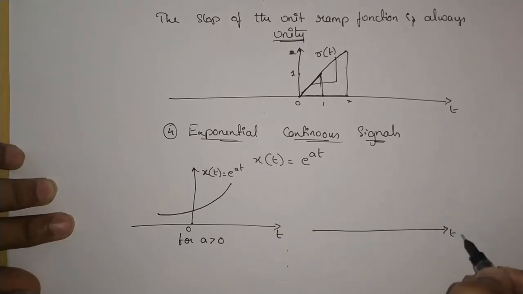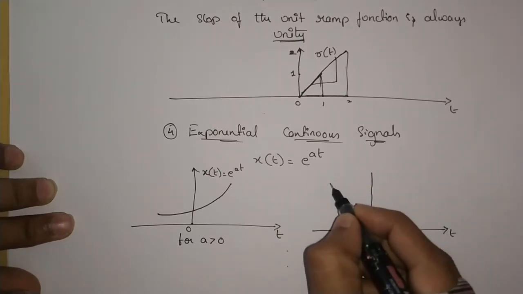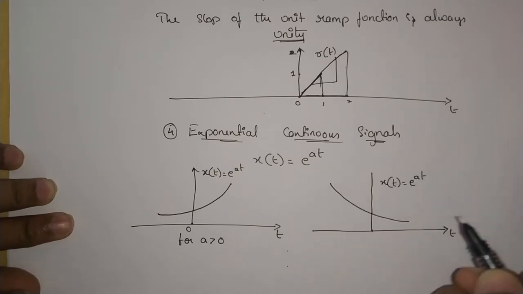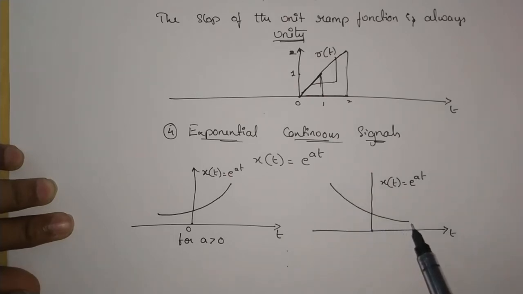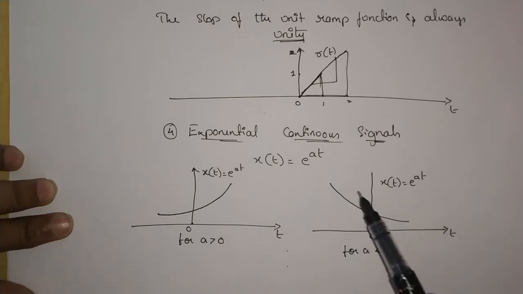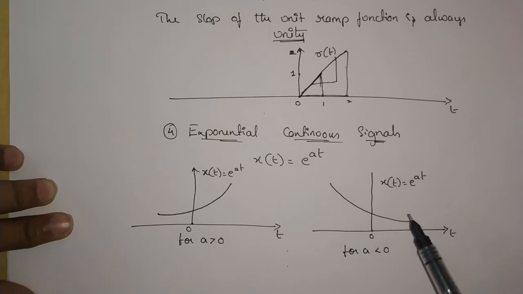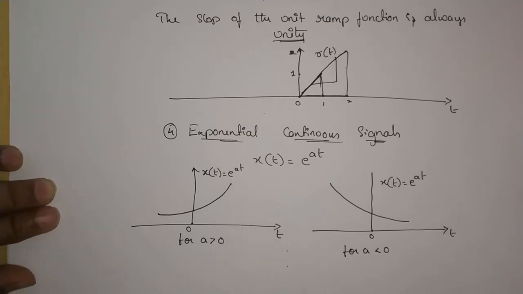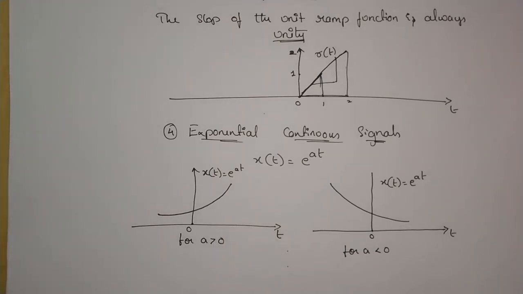And x of t is equal to e power at is a decaying exponential function for a less than 0, which means the value of a is negative. For negative values of a, it is a decaying exponential function. For positive values of a, it is a growing exponential function. Okay, this is about exponential signals.